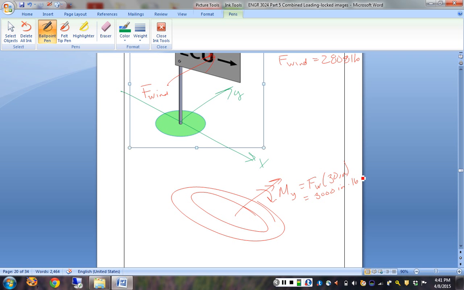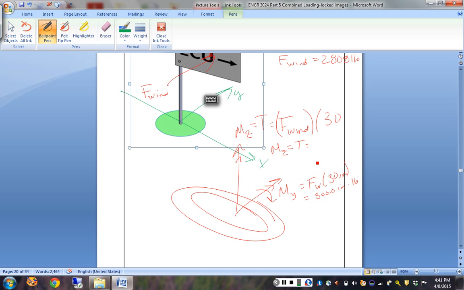It's the wind force. So we have a moment about z, which can also be known as a torque, that is going to be the wind force times the 30.